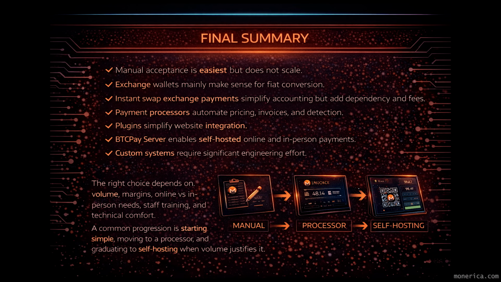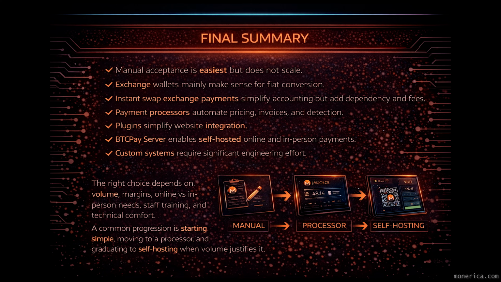A final summary. Manual acceptance is easiest, but does not scale. Exchange wallets mainly make sense for fiat conversion. Payment processors automate pricing, invoicing, and detection. Plugins simplify website integration. BTCPay Server enables self-hosted online and in-person payments.